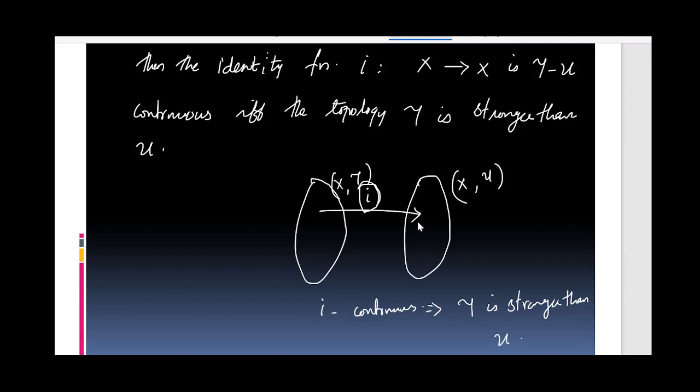From X to X, you define the identity function, and put some topology in this domain, which is weaker than the topology over the codomain. Then your function cannot be a continuous one.